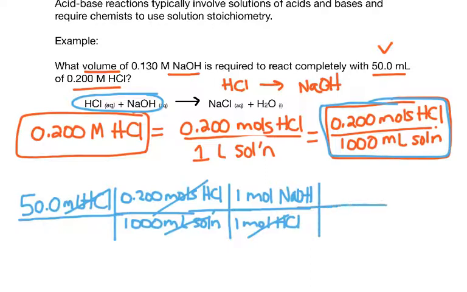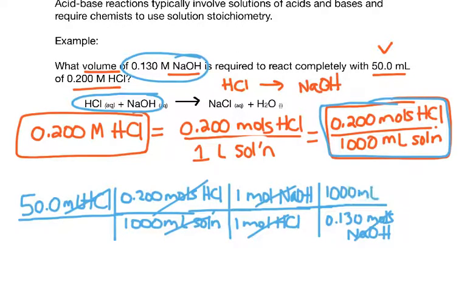The last step is, now we have moles of NaOH, but we are asked to find volume, which we can do because we have our molarity information. We can still use that in the fence, similarly to how we did the HCl. We're just going to use it upside down this time. So we have 0.130 moles of NaOH that goes on the bottom, because that's where it needs to cancel out, for every 1,000 milliliters.